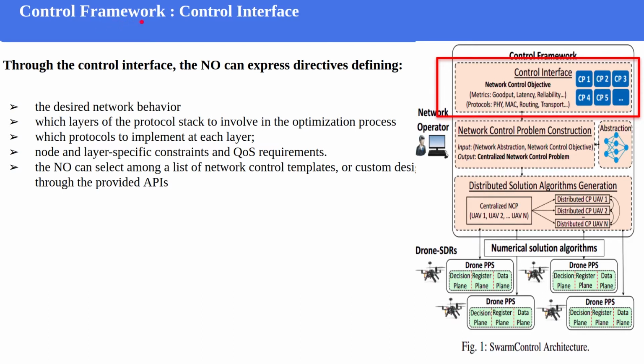The control framework, its first part, is the control interface. The interaction with the network operator is implemented through a control interface, which consists of a set of high-level APIs and protocol libraries.